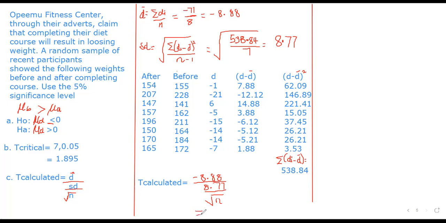That will give us negative 2.86, negative 2.864. Let's keep it because the table value was in the third decimal place. So if this one is negative, the absolute will be what?